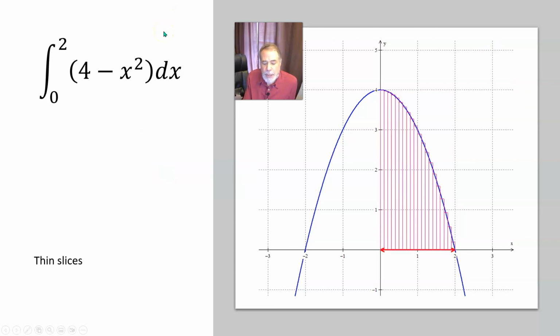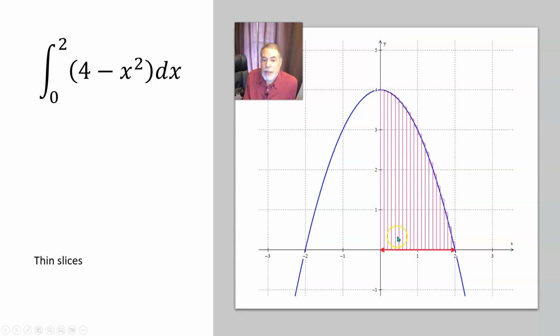Now, suppose we slice it up into a bunch of thin slices, a bunch of skinny rectangles like this, where the height of each one of those skinny rectangles is approximately the height of the curve, how far up you have to get to a point on the curve there.